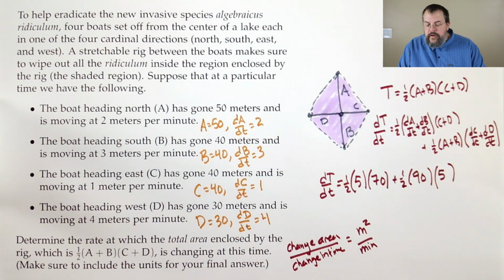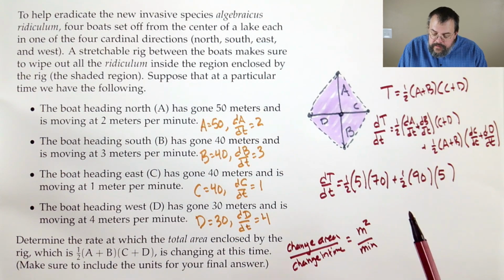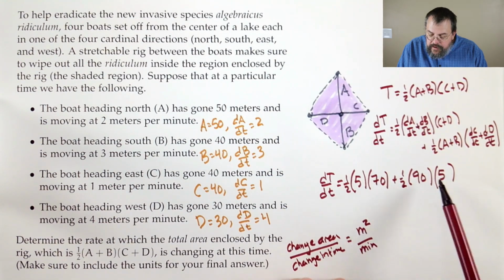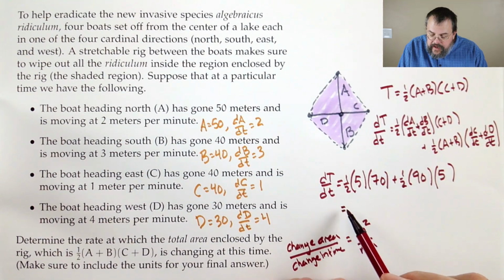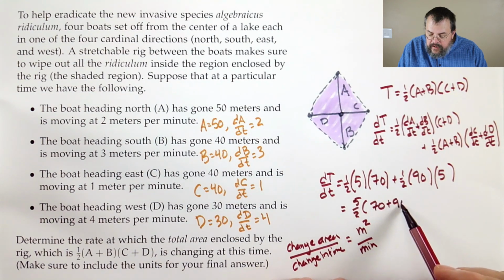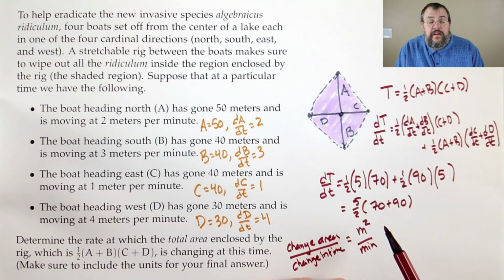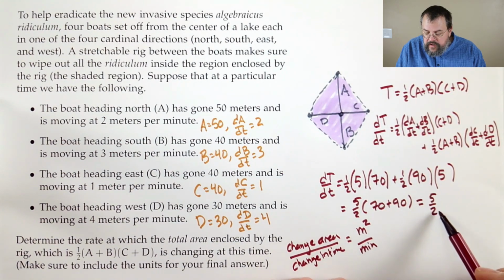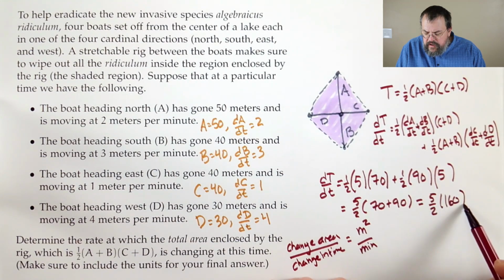Now what can we do? You notice something kind of convenient. These both have a half and they both have 5, so you can factor out 5 halves. Then you have times 70 plus 90. Well, 70 plus 90 is 160. So that's really 5 halves times 160.